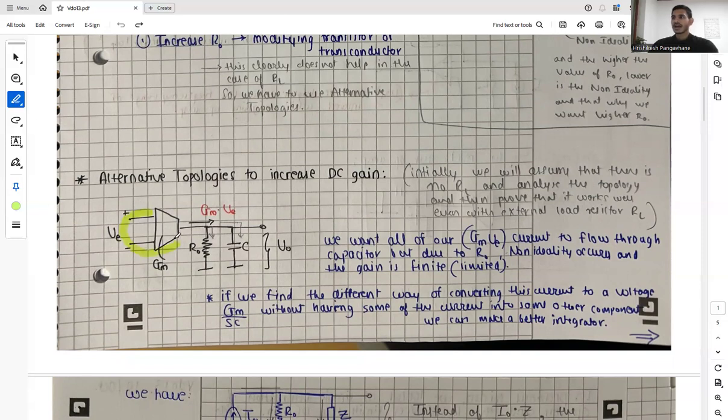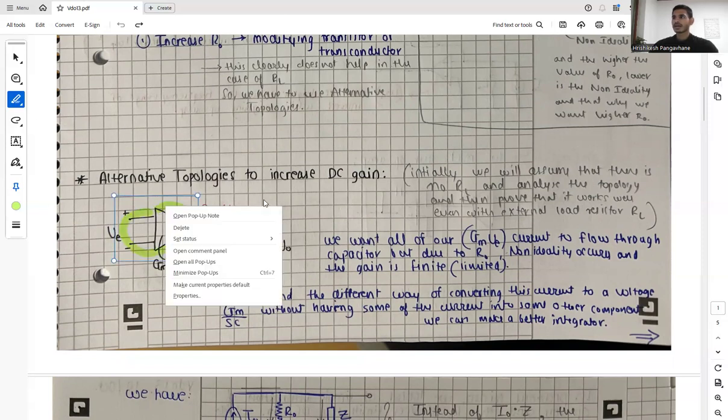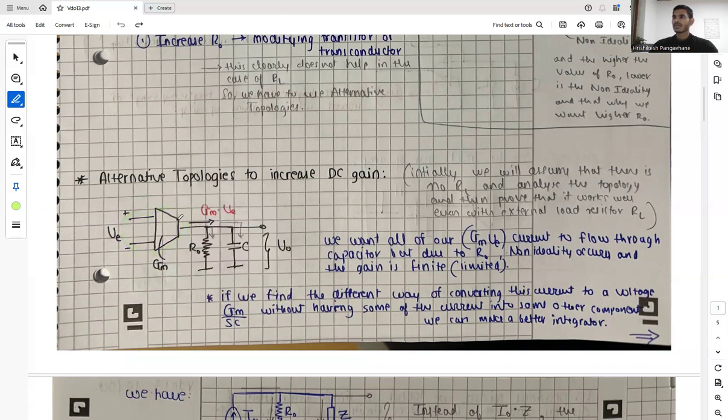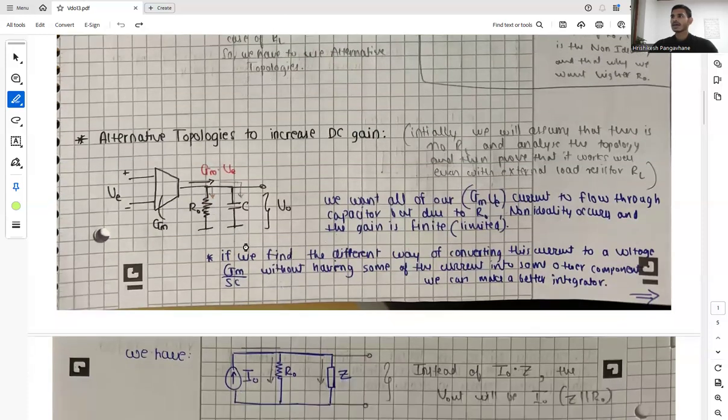So let's say we have our transconductor, which has its non-ideal R naught, and we have our capacitor to integrate our voltage, or the current basically. The transconductance of our OTA is gm, and we want all of our gmVe current to flow through the capacitor, but due to R naught the non-ideality occurs and the gain is finite, which is limited.